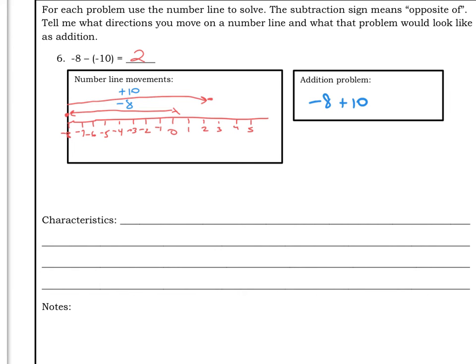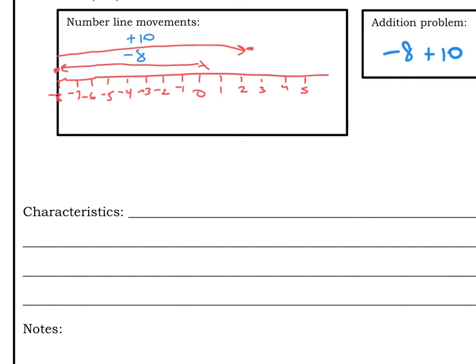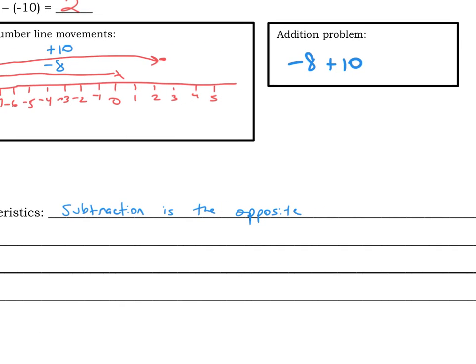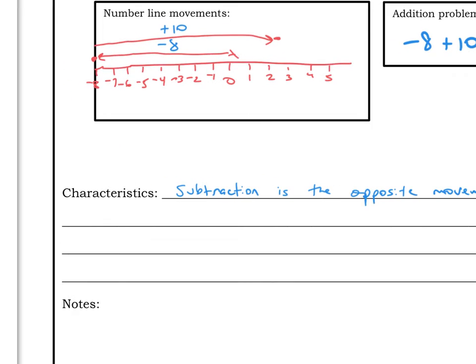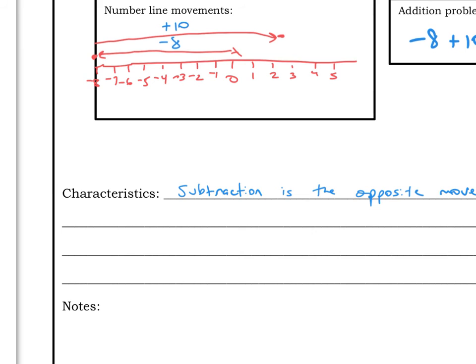So just remember, subtraction is always an opposite movement of addition, something we talked about yesterday. So this tells us that when we have a subtraction problem and we want to change it to addition, we have to take the opposite of the second number.